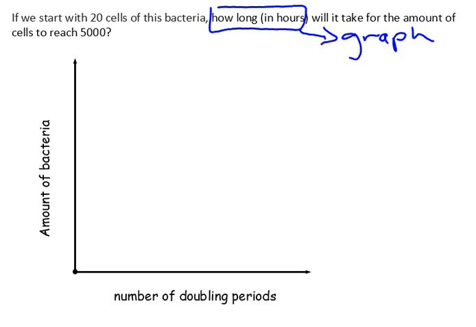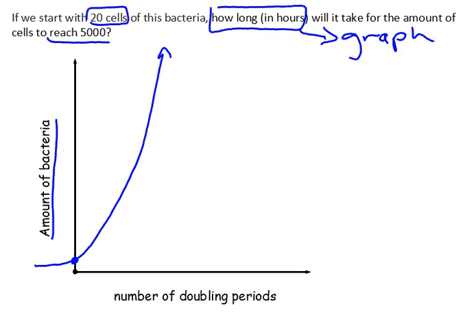Now I'm just going to sketch here, but we know that we start with 20 cells of bacteria, so let's put that way down here, and we know it's doubling, so we know it's going to do something like this. We want the number of cells, the amount of bacteria, to reach 5,000. That's going to be way up here. Y equals 5,000.